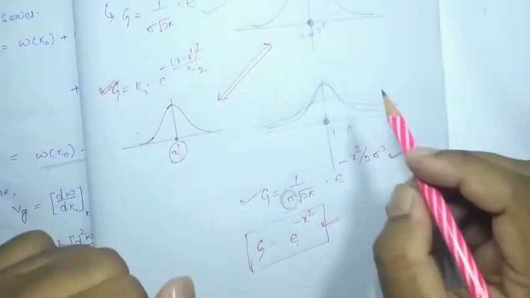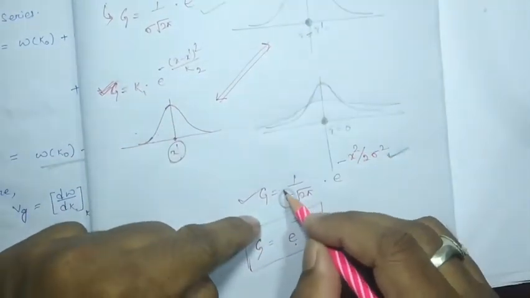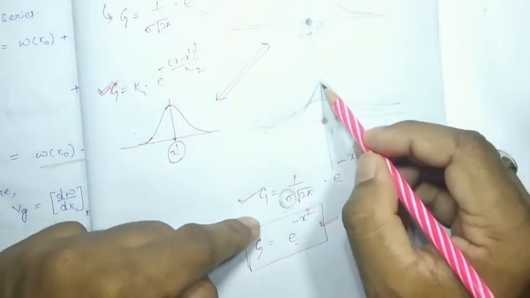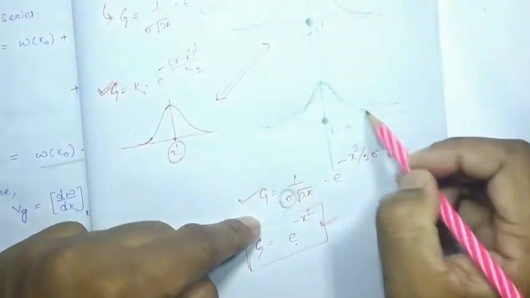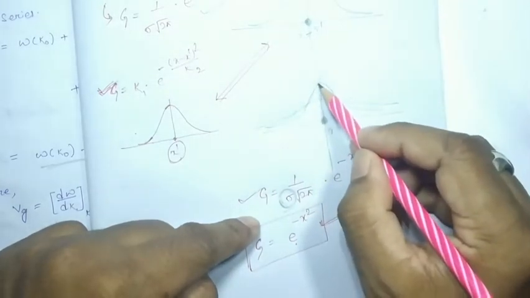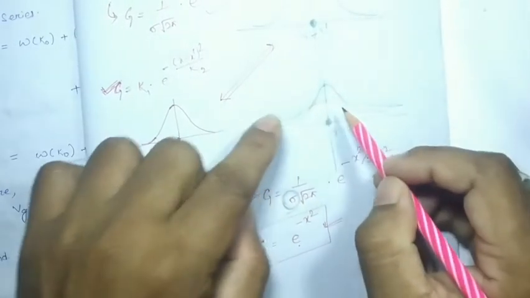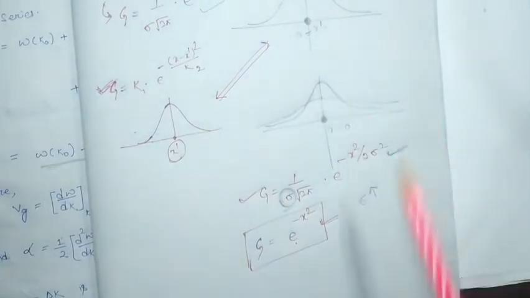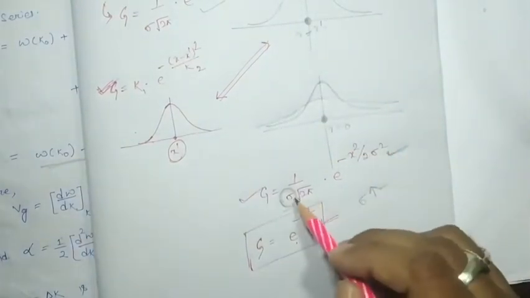For this you will find that sigma is increased. If sigma is increased, this envelope or peak height is reduced and the peak width also increases. So as sigma is increased, the peak is going to spread out with a decrease of its peak height. This is the physical significance of sigma.